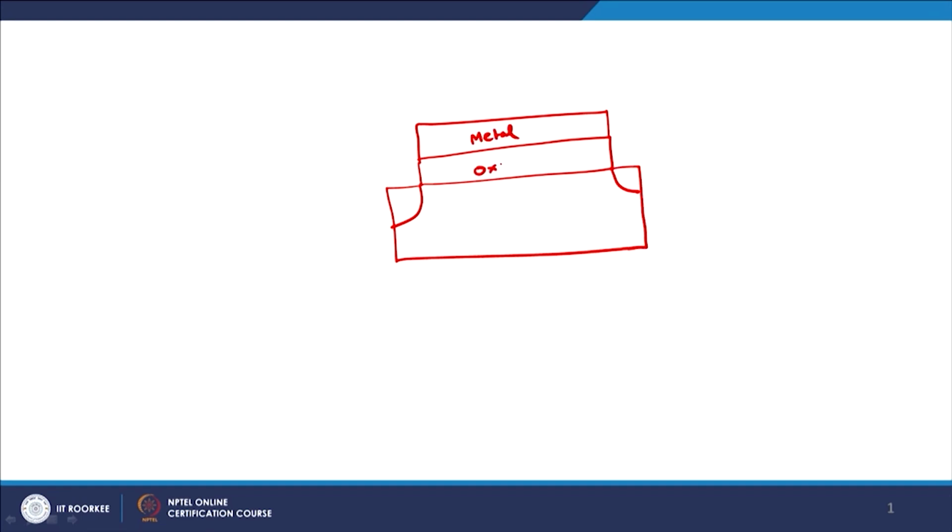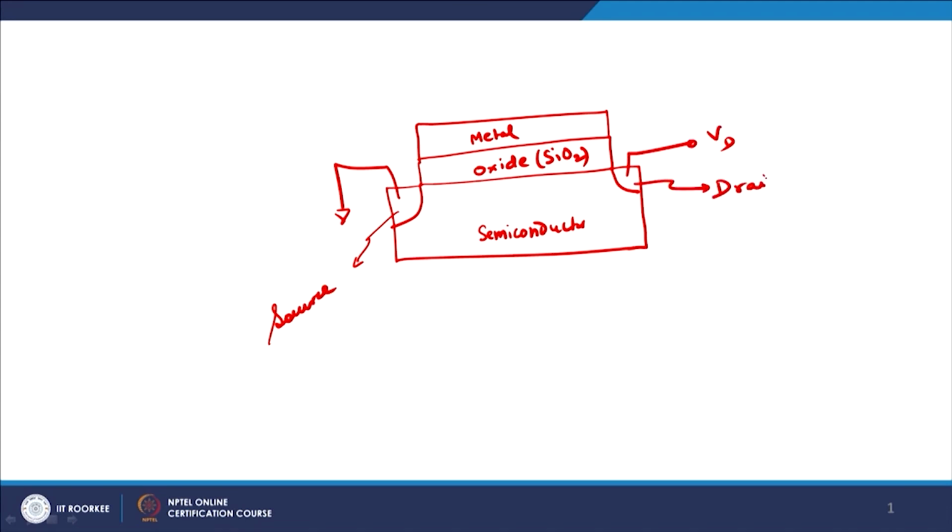I have an oxide here which is primarily silicon dioxide in most of the cases, and I have got a semiconductor here, right. This is basically my, let us suppose, source. This is termed as source, right, and we have a drain. So, this is your drain. So, I have a source here and a drain here, and I have a semiconductor here, and this side is referred to as VG or also referred to as gate.